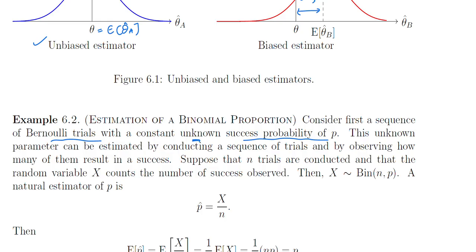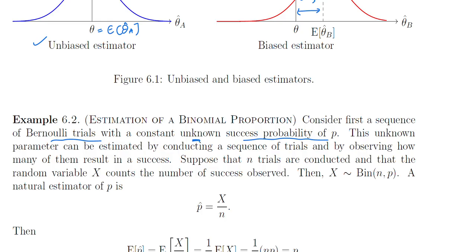Let's say, for example, flipping a coin and looking at the probability of getting heads. Usually, if it's an unbiased coin, the probability of getting heads should be 0.5. But now suppose we are in a gambling situation and we suspect that someone has brought a biased coin.